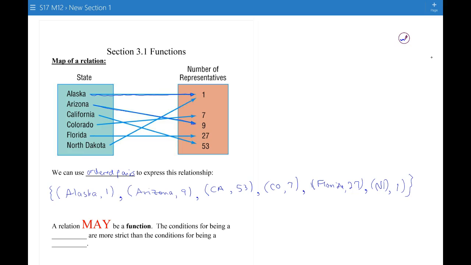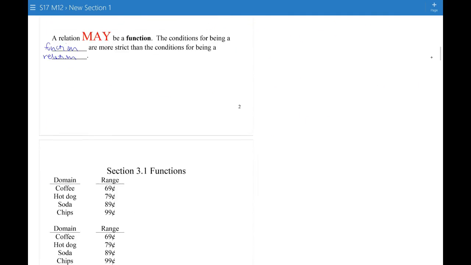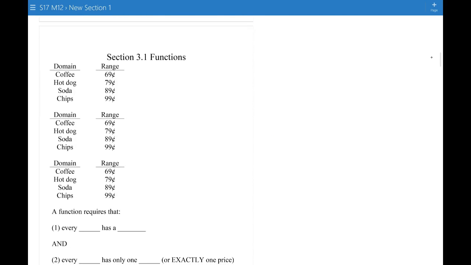Now, a relation may be a function. The conditions for being a function are more strict than the conditions for being a relation. It's harder to get to be a function. It's a narrower opening that you have to get through.